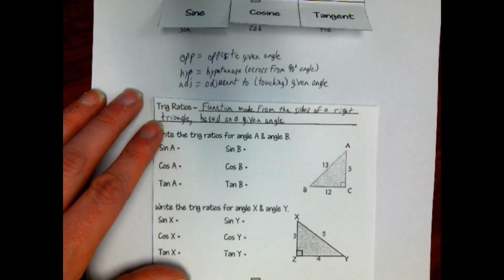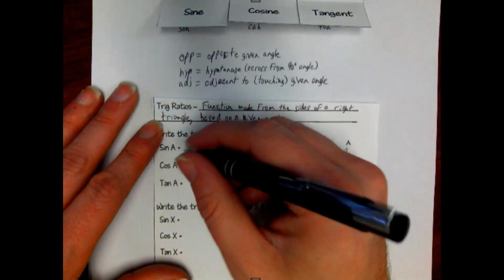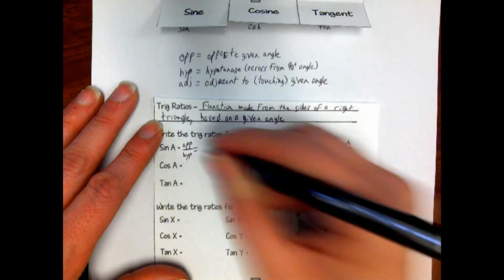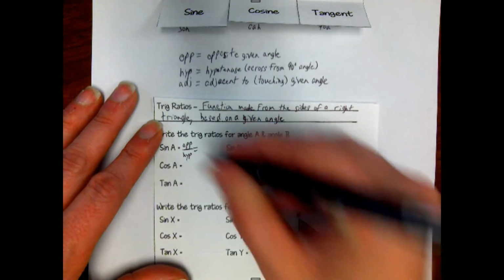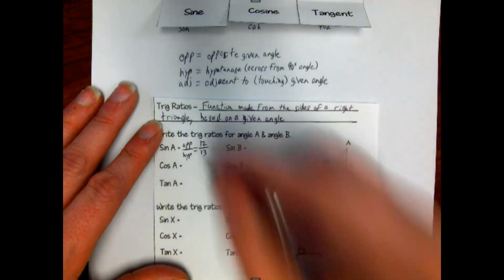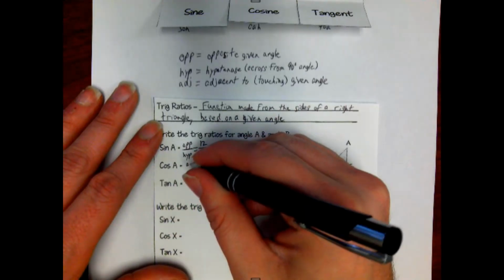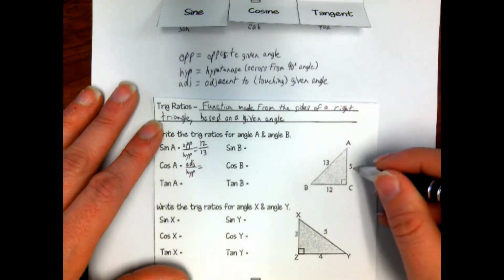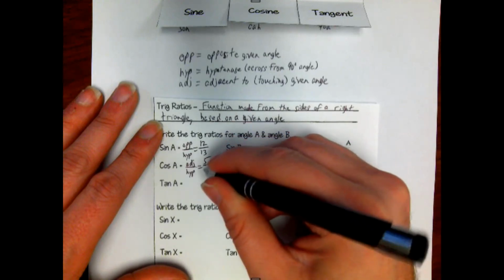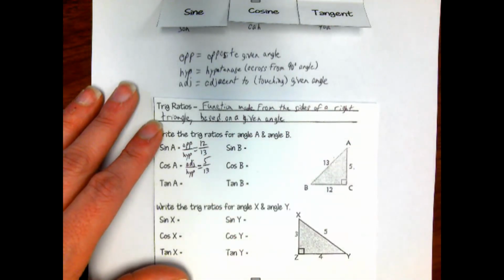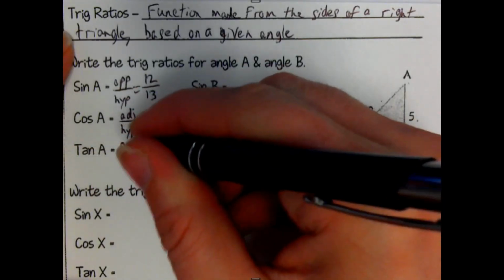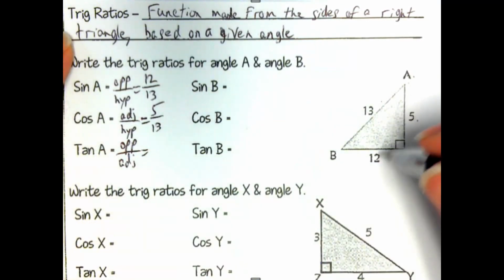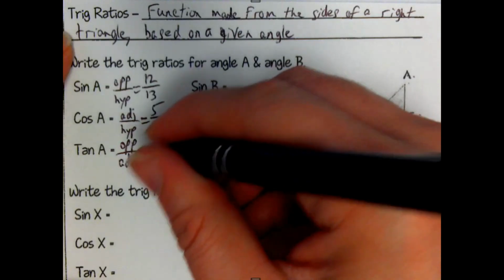So the sine of A here would be opposite over hypotenuse, which is 12 over 13. The cosine of A is adjacent over hypotenuse, which is 5 over 13. Tangent is opposite over adjacent, which is 12 over 5.